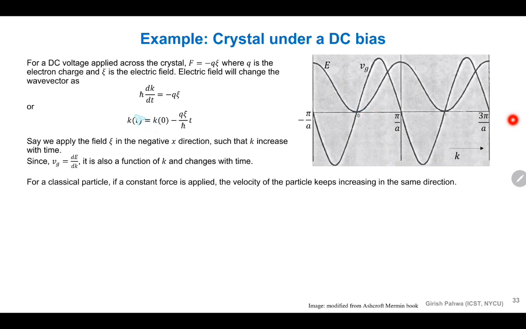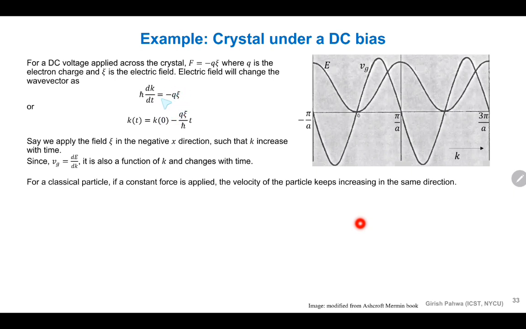We talked about how the vector k is going to evolve because h bar dk/dt equals force. So this is a semi-classical model of the electron moving in a crystal as a wave packet. The center value of k of the wave packet varies in time through this equation, right?